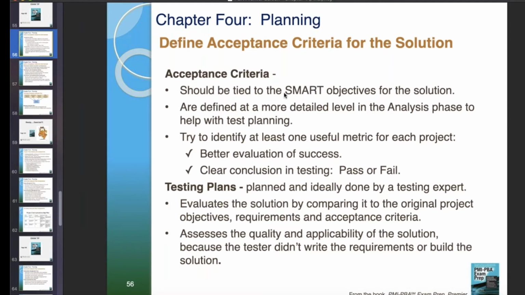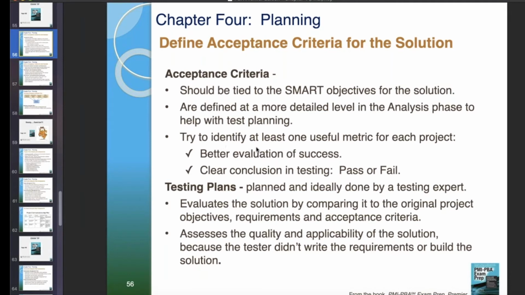But that's SMART. You need to remember that for the exam, folks. I am telling you, you're going to get several questions. SMART is about objectives. It's used to evaluate project objectives, or bigger business objectives. SMART evaluates objectives. Acceptance criteria are defined at a more detailed level in the analysis phase to help with testing planning.